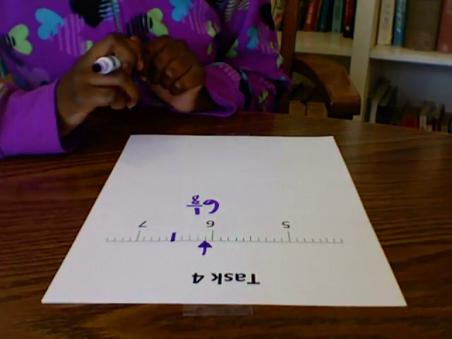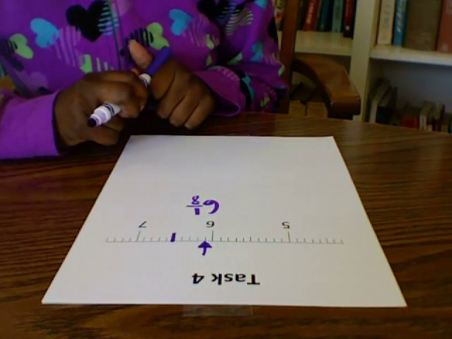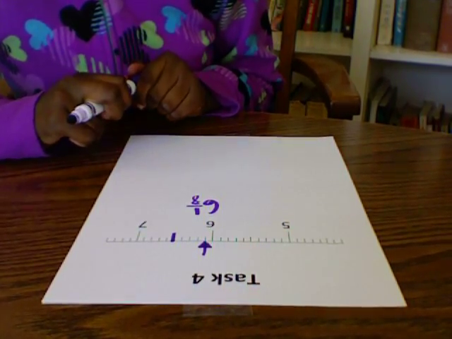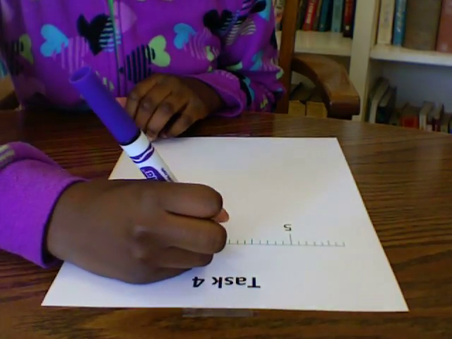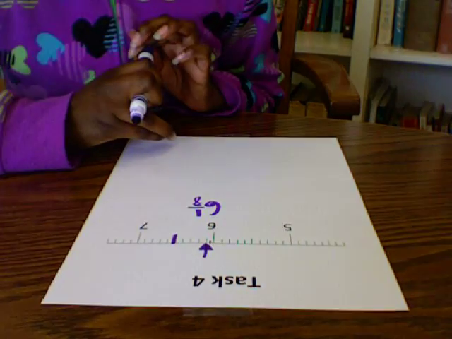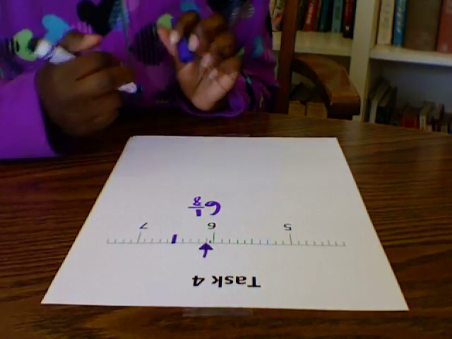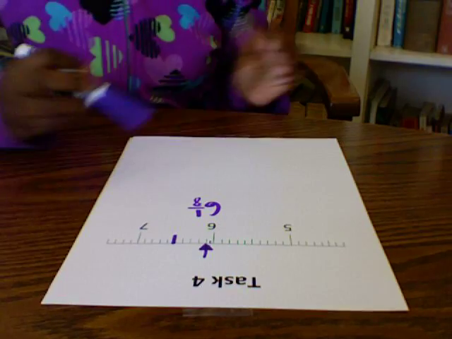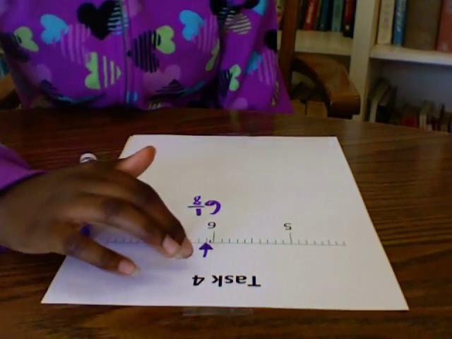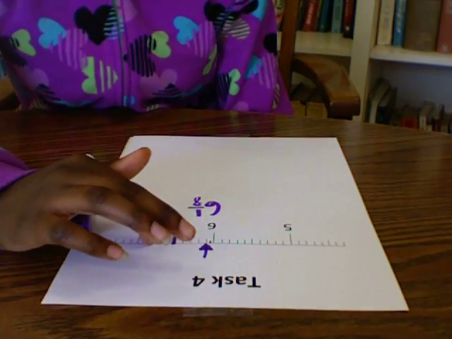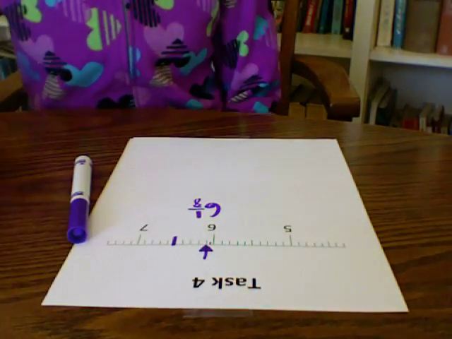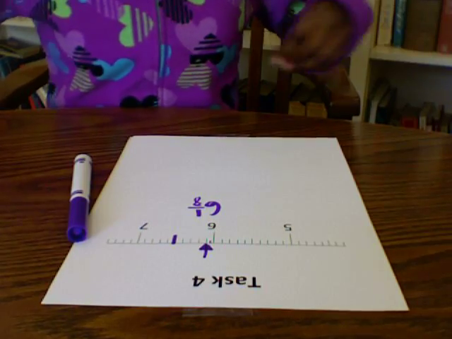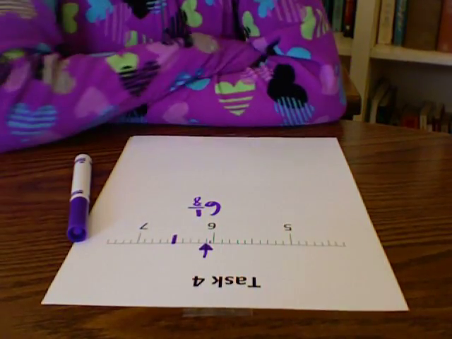Okay, and tell me how you got that. I think that's wrong because the 8th is that, basically. I guess I was thinking 6 1/4 because half 1/4 and 3/4. But since you pointed there, I'm not sure.